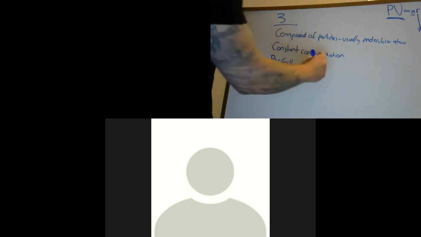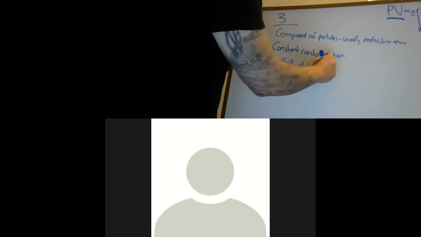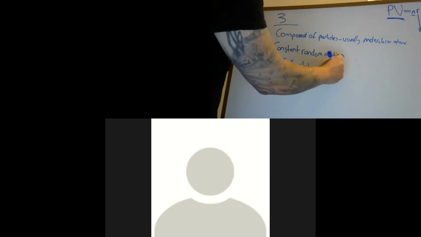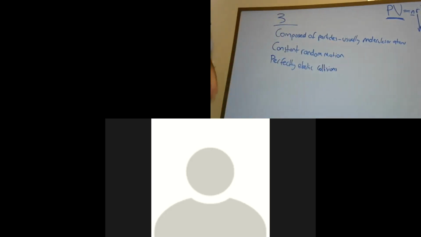So these are our 3 assumptions about the gases. There's only forces between them when they collide.